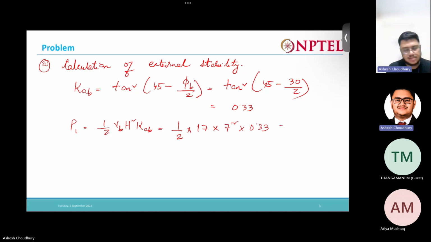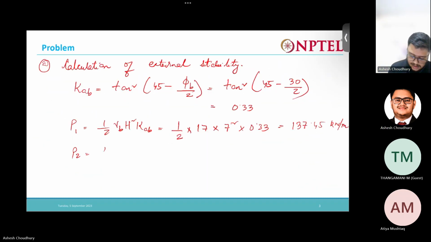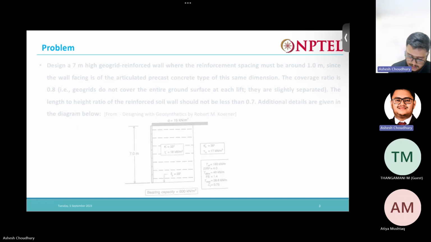So let us calculate this. Now the other earth pressure that is acting is due to this Q. What is Q? It is 15.